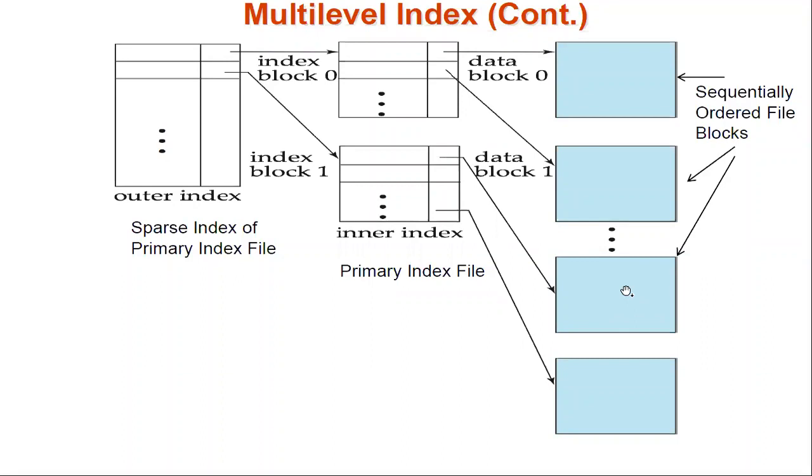You have the index block and the data block. In the data block you have your entire records in block format. That's what we discussed in the previous session, the previous slides. Now when you want to look up a particular record, you can go directly to the particular index and find it.